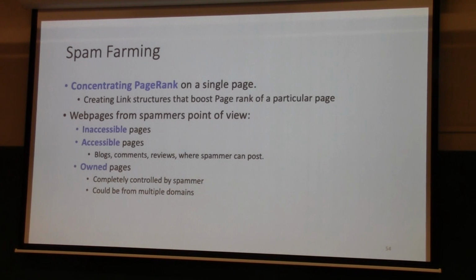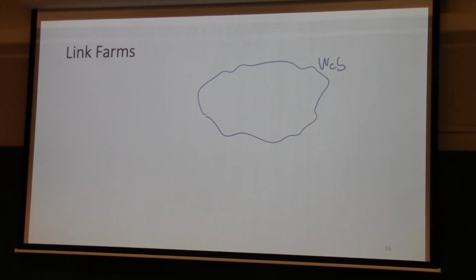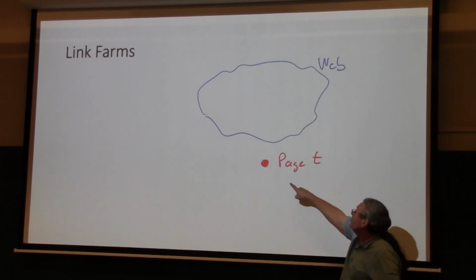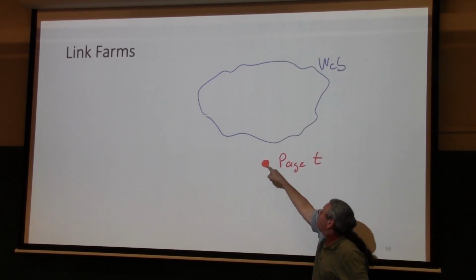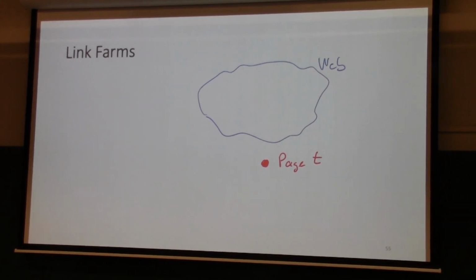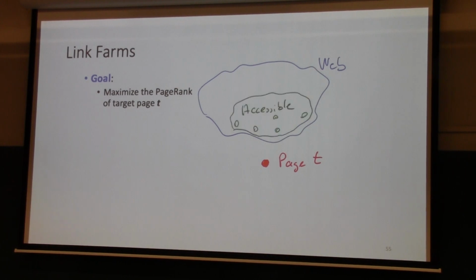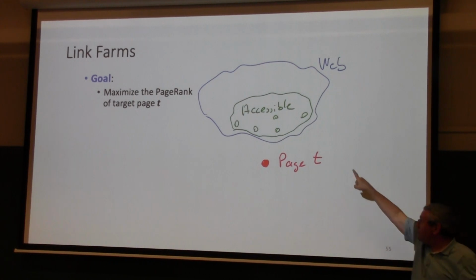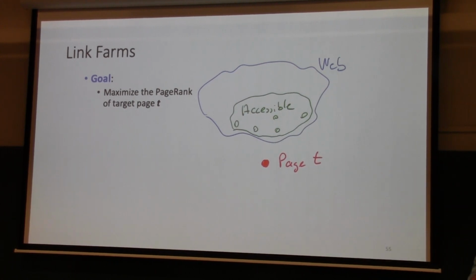So that's the structure. So here's the web. This is the whole web. And here's the page, and I want to increase the PageRank of this one, T. So how do I do it? I want to maximize the PageRank of T. The web has two kinds of pages. The green ones, those are the ones that I can add something to, even though I'm not the owner, like their blogs, or I can put a comment or something, okay? Then the others are inaccessible.